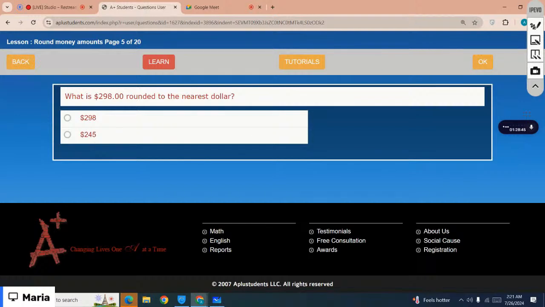What is $298 rounded to the nearest dollar?